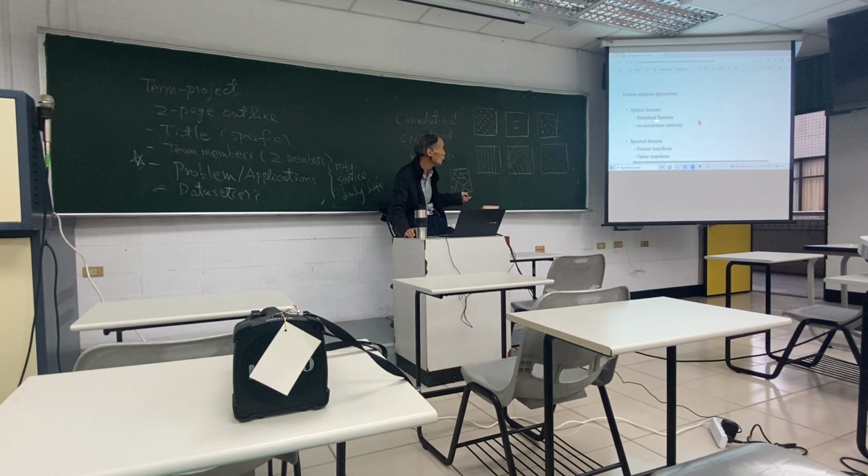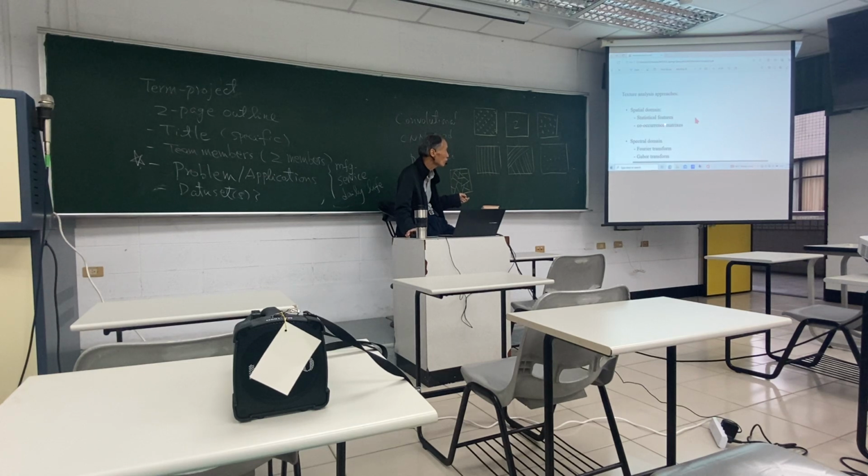In the spatial domain, you can measure the statistical features. I just mentioned the mean, the variance, the skewness, the kurtosis. The one I'm going to introduce is the so-called co-occurrence matrix. This is a very famous one before deep learning.